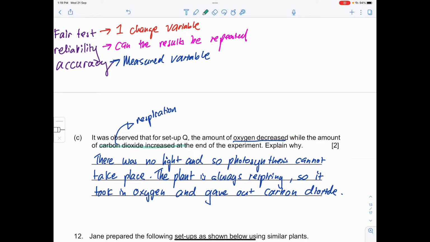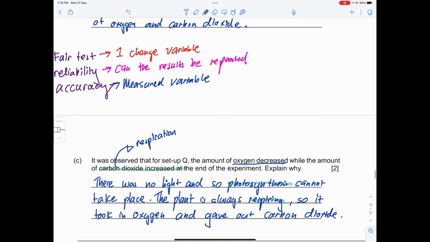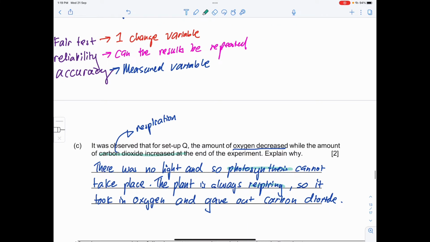Okay, photosynthesis and respiration need to be named. Now, because they ask you why the results were opposite, do you realize they're asking you why it is opposite? Photosynthesis needs to be there, because in P, the plant actually managed to photosynthesize. In Q, it didn't. That's why, even though it was just respiration that causes the change, you needed to include photosynthesis also. Okay? Because it's a comparison question.